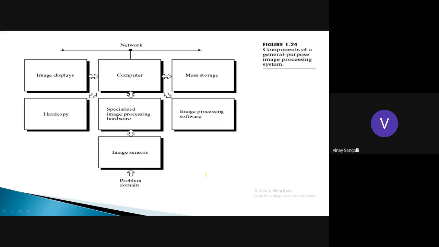And if you are shooting a tree at night, then the intensity will be very low, say around 50. Based on these 90 and 50 values, the sensor generates an electrical output. For 90, the electrical output will be high. For 50, the electrical output will be low. So this is your image sensor.